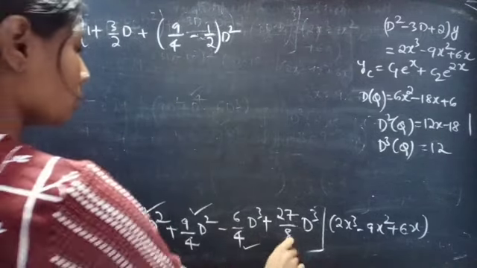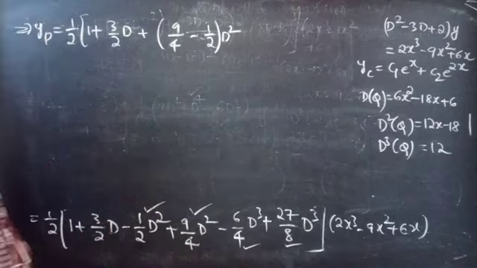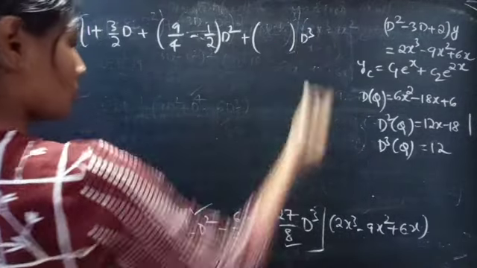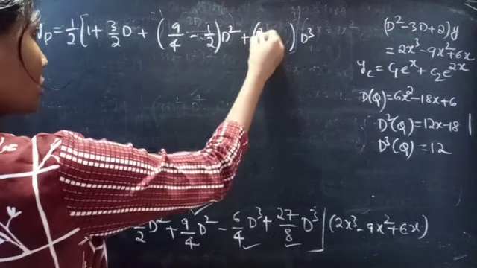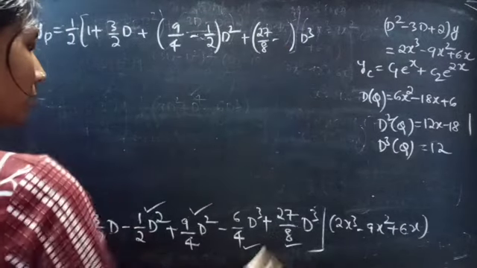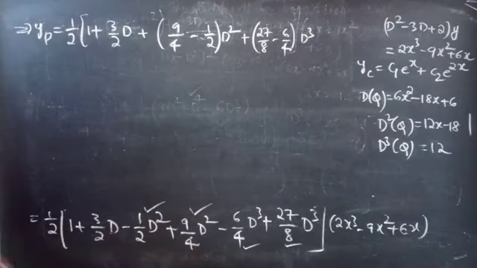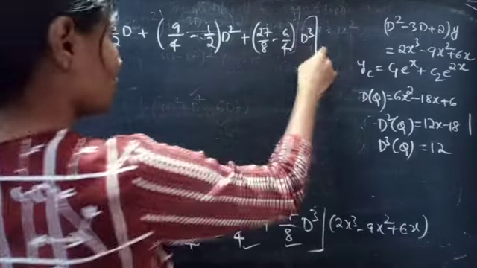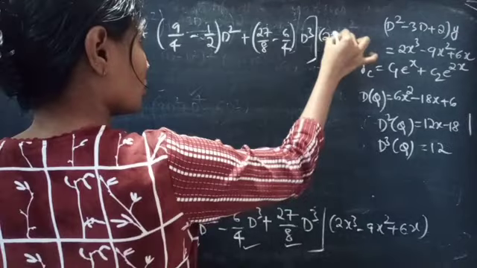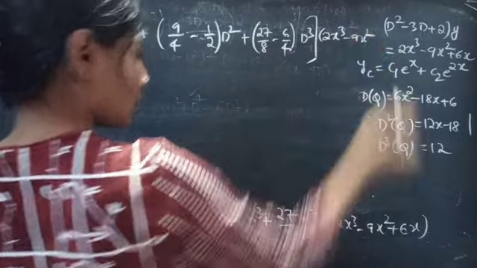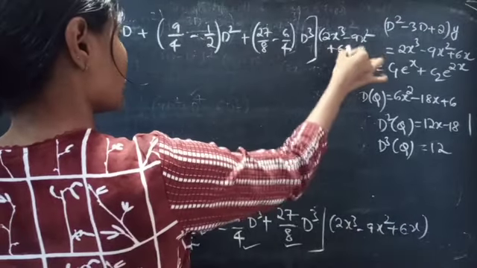Now take the terms of d cube: plus 27 by 8 minus 6 by 4, into d cube, into cube, 2x cube minus 9x square plus 6x.